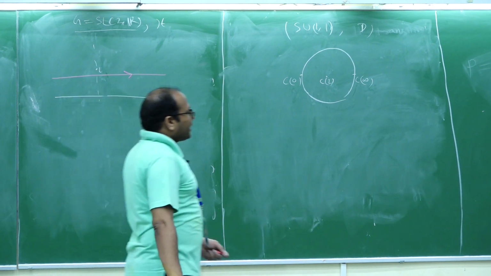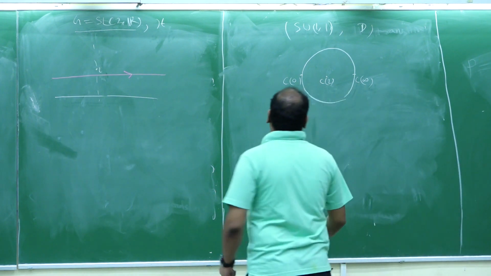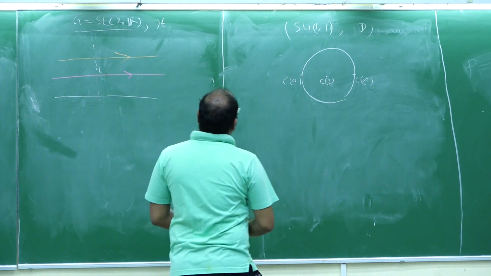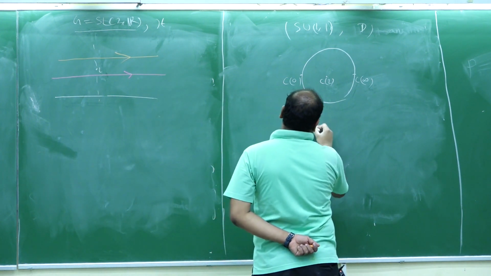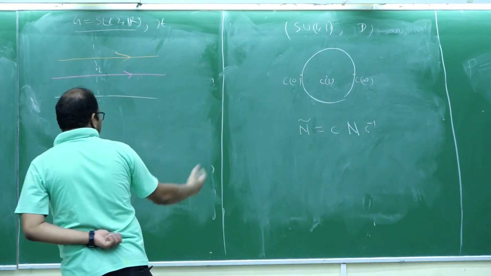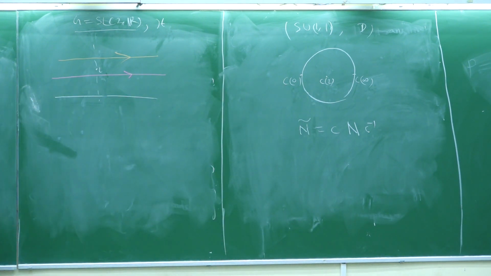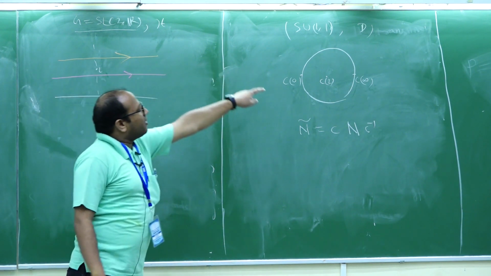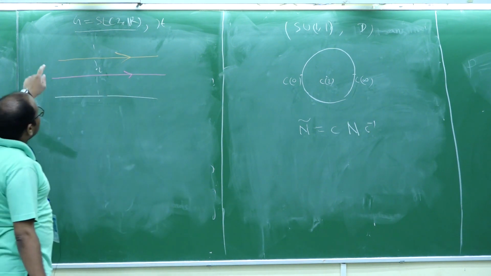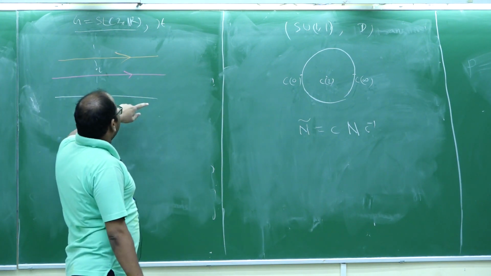And we want to find what the N tilde orbit is here. So this is an N orbit, and this is an N tilde orbit, because N tilde is a conjugate of N by the element C. So the N tilde orbits will be exactly the images of these lines under the Cayley transform. We know these N orbits are horizontal lines, parallel to the real axis.